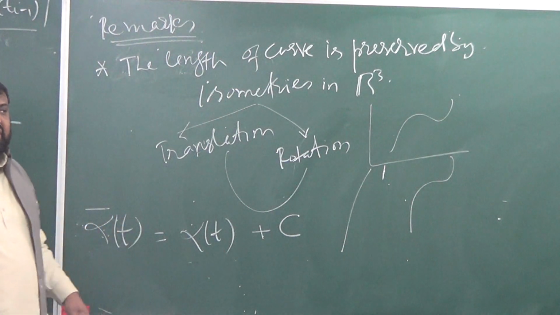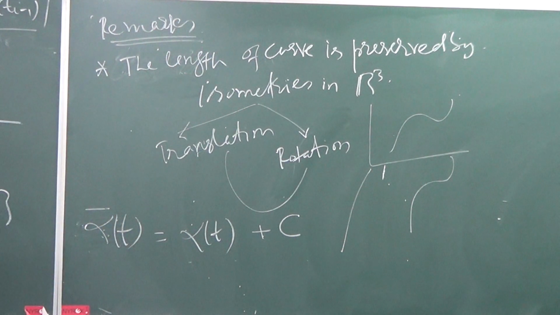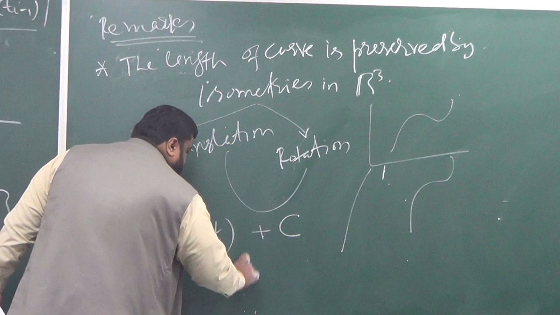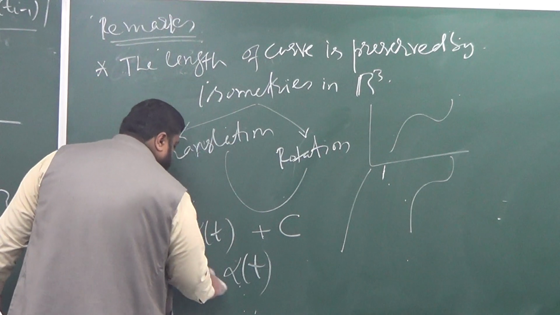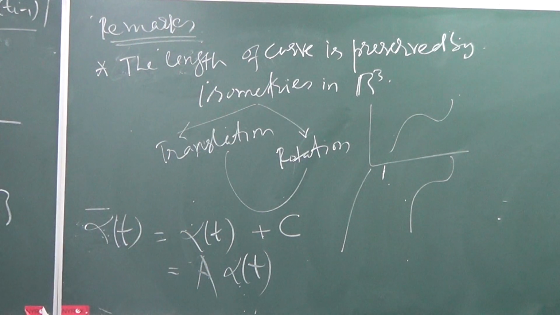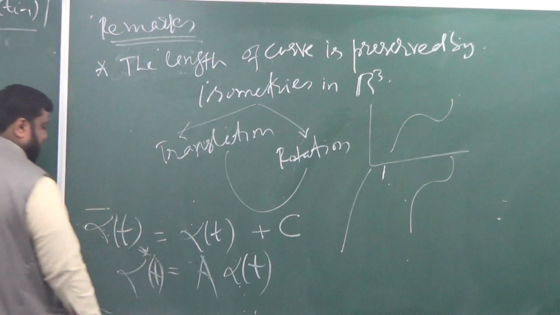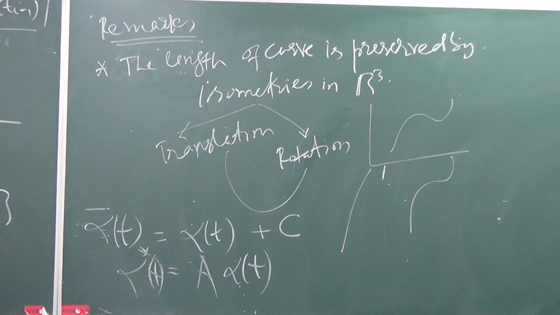And what would be the meaning of rotation actually? I have this alpha of t and multiply it with the rotation matrix, and you get maybe alpha star of t. So A is a rotation matrix.